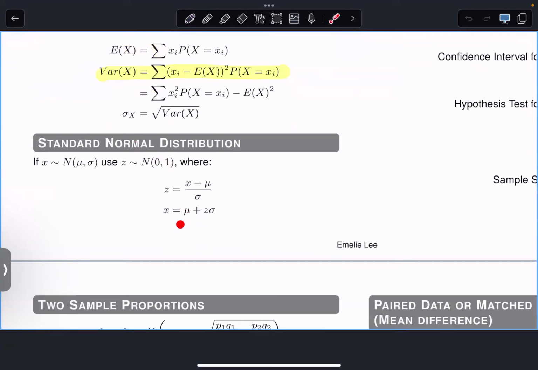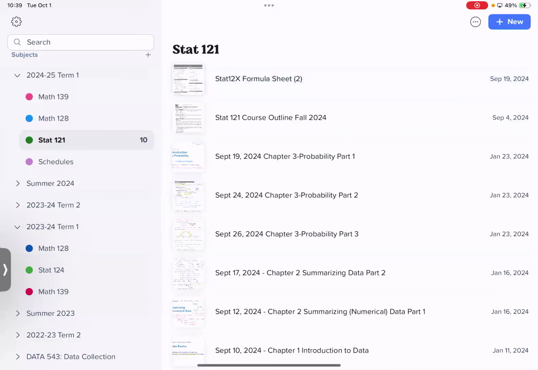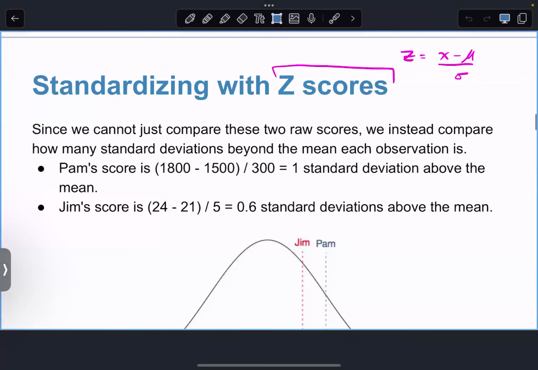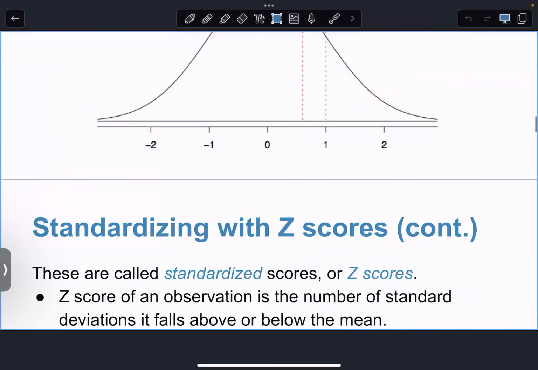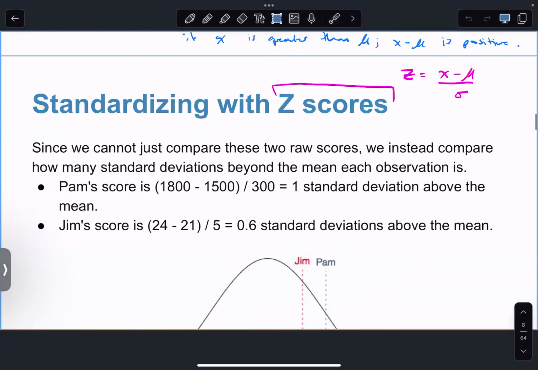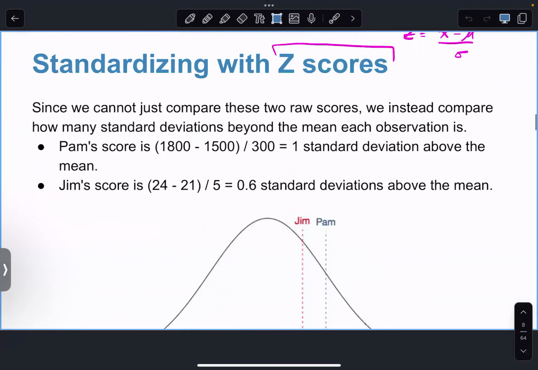But now we're in the next section, which is the normal distribution section. And now we know what this means, right? And so I'll copy this in here because it's on your formula sheet. So it's nice to have it.